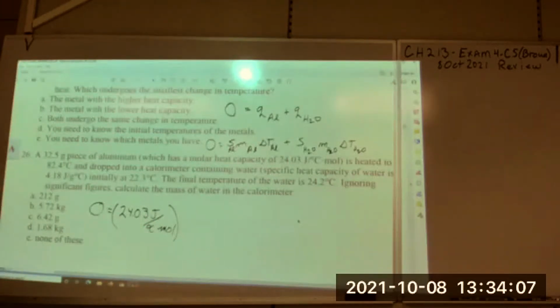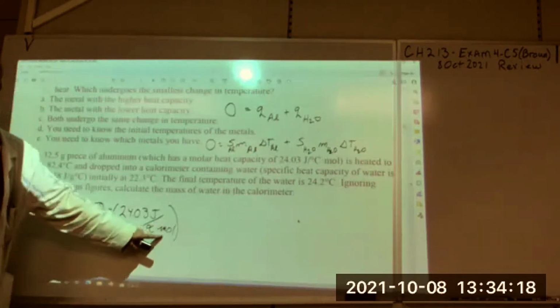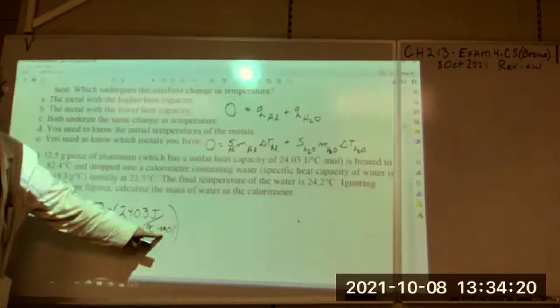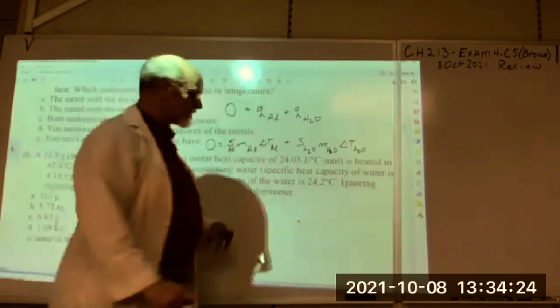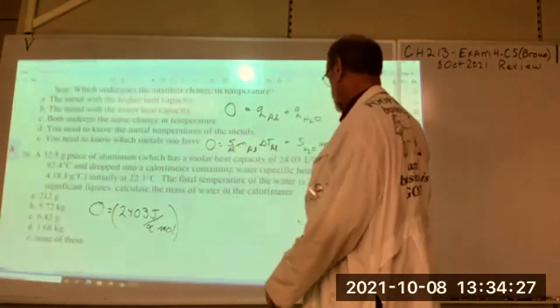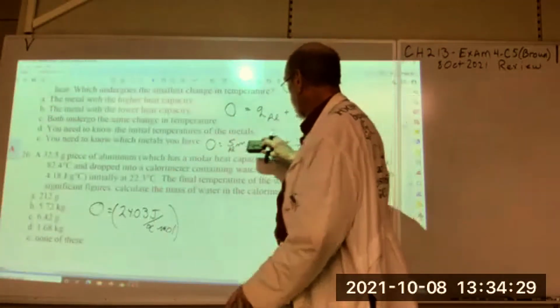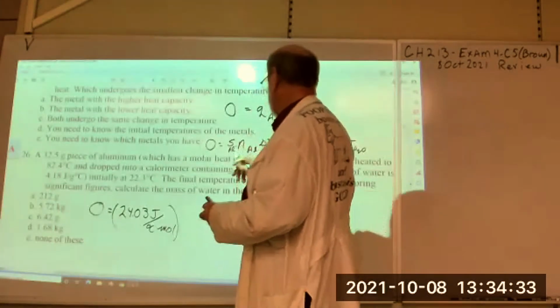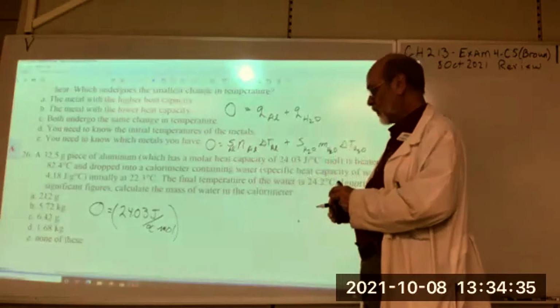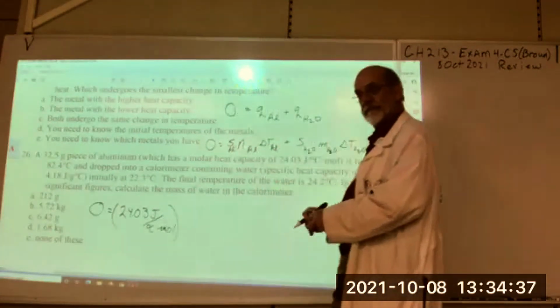You know what? I can see a problem already. Because this is in terms of moles, not mass. So we need to change our formula, don't we? For the aluminum, this needs to be moles of aluminum in order to cancel out that mole.